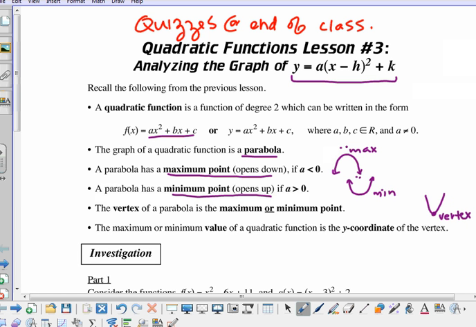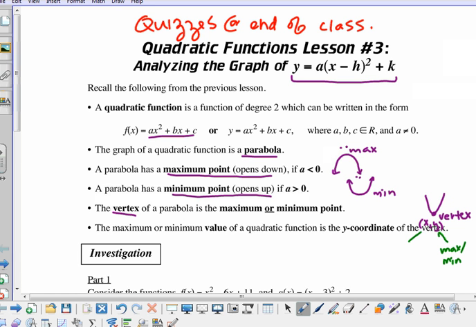So it's going to be a point x comma y, and that's the maximum or minimum point. And last, the maximum or minimum value is going to be the y coordinate of the vertex. So if this is x comma y, the y would be the actual max or min value.